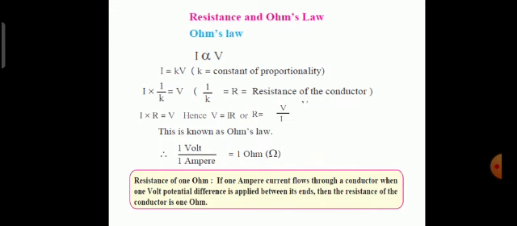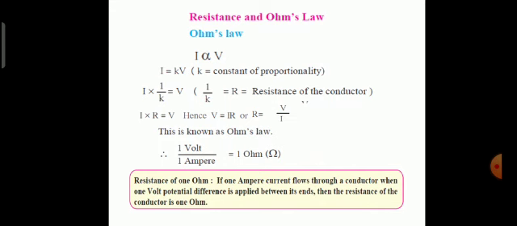So what matters most is that the physical state of the conductor should be constant. In that case, current will flow in an amount which is directly proportional to the potential difference between the two ends of the circuit.